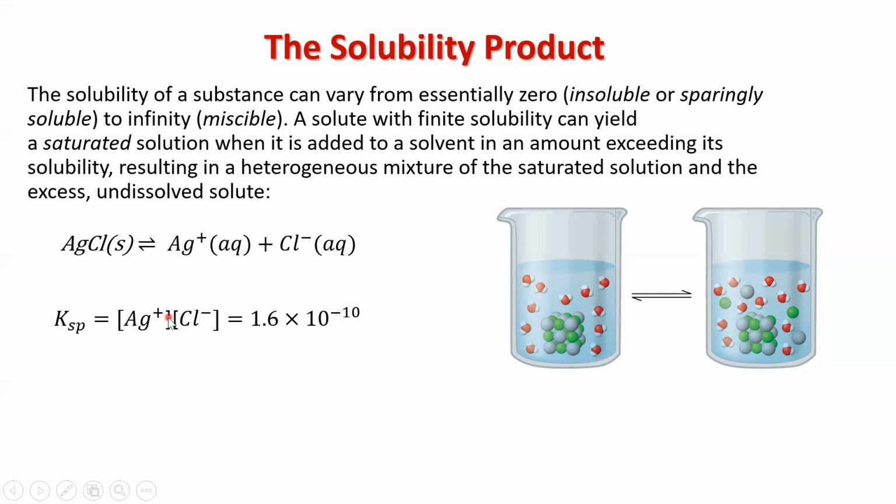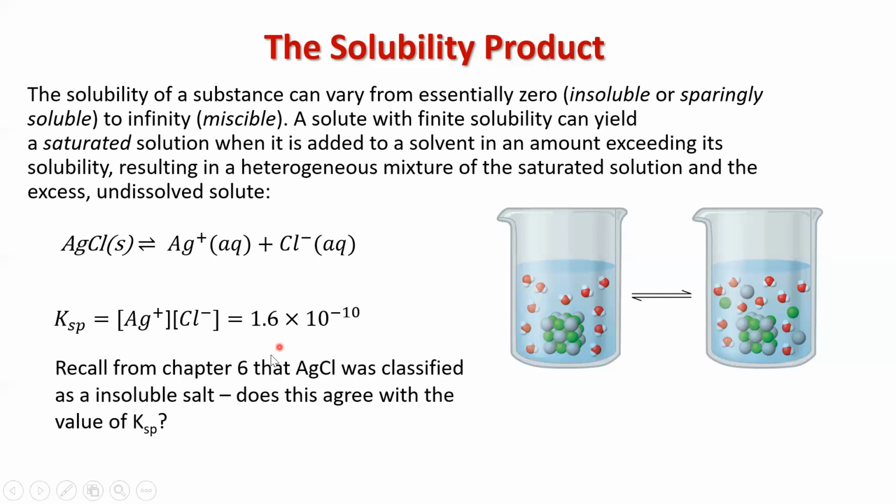Just like we can look up Ka values and Kb values on a table, we can look up Ksp values on a table. And silver chloride has a Ksp of 1.6 times 10 to the minus 10.